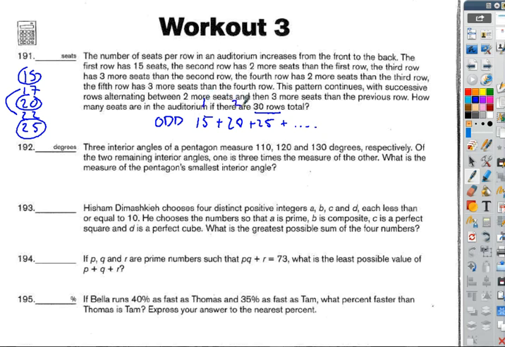So then our equation here is going to be y is equal to 5 times the row number plus 10.